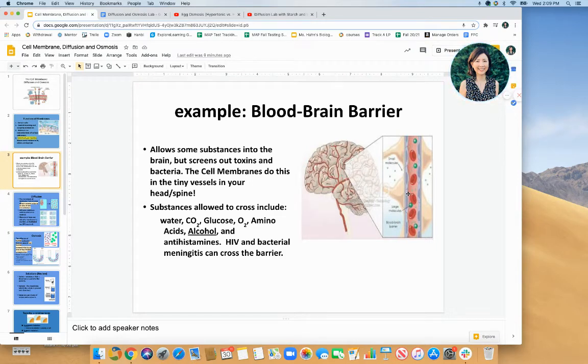And that's really important in knowing how we respond to different chemicals, and also how we get certain things that our cells need.